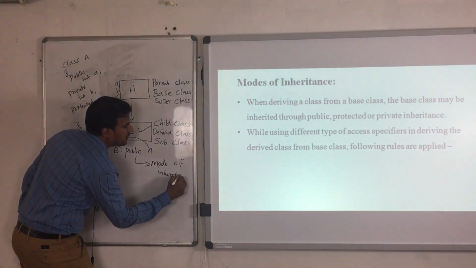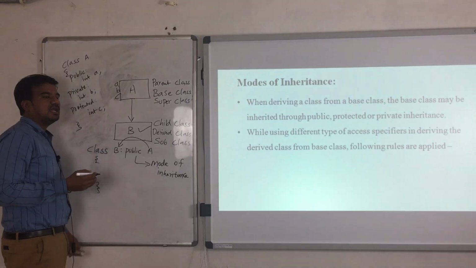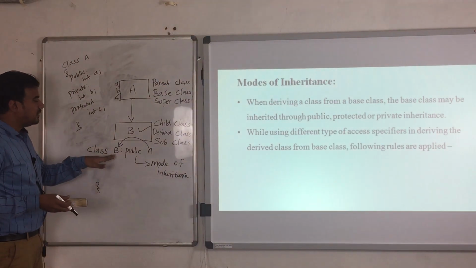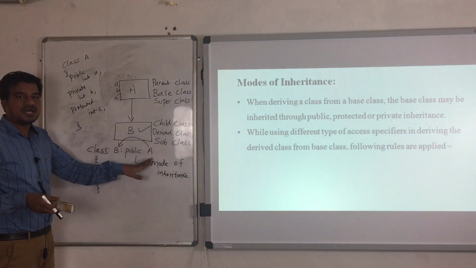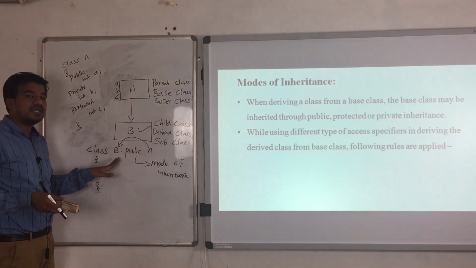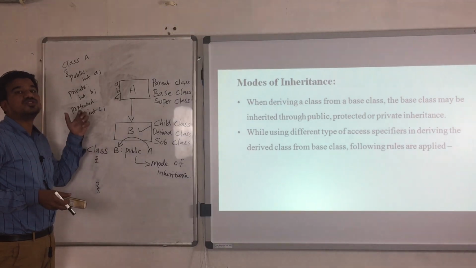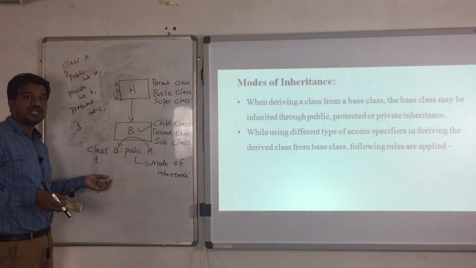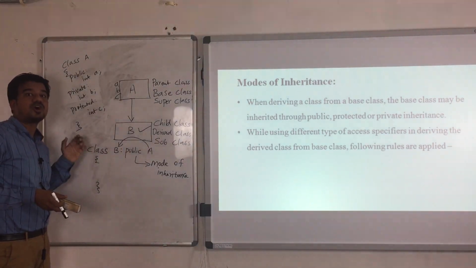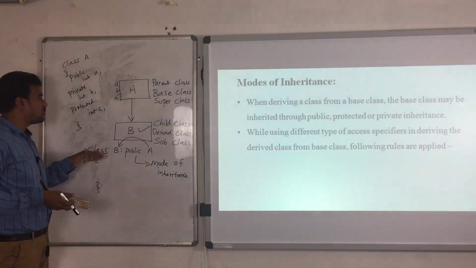It is very important because I told you that the derived class is going to acquire the properties from the base class. After acquiring, how is it going to treat those properties, whether as public or private or protected?